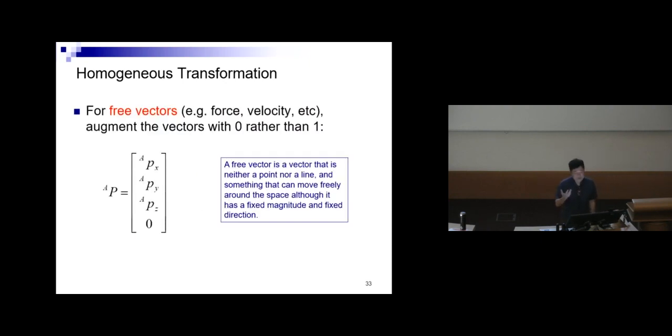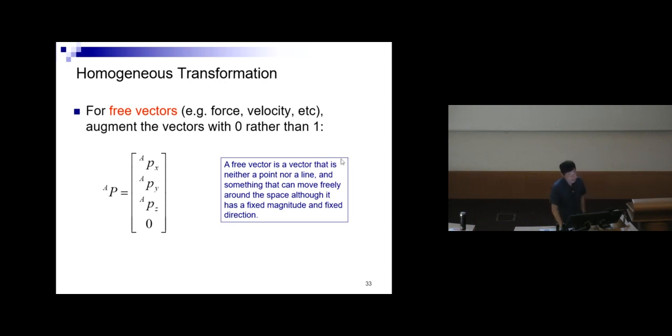You may come across a term called free vector. For a free vector, the fourth element will have a value of 0. When we say that a vector is a free vector, it's not a point or a line. It's something that can move freely around the space, but has a fixed magnitude and a fixed direction.